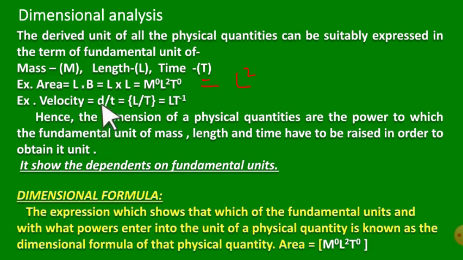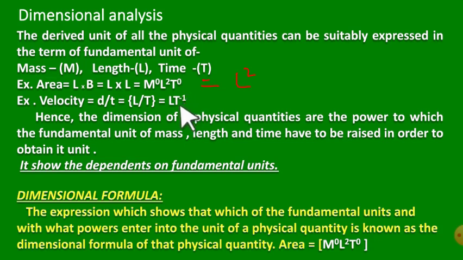And then velocity. It is displacement divided by time. If you take only the magnitude of displacement, it will be distance, and distance means length. So length divided by time gives L T inverse, that is T to the power minus 1.